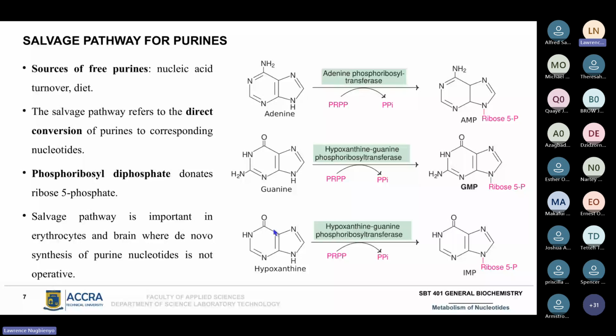These cells do not have the process of the de novo synthesis of purines, or the de novo synthesis of nucleotides occurring in them.